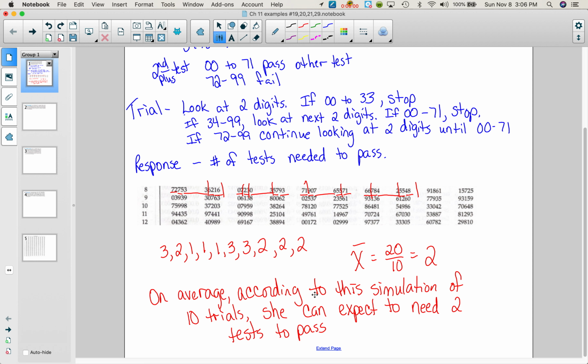Okay, so again, on average, according to the simulation, mentioning how many trials, so something along those lines.